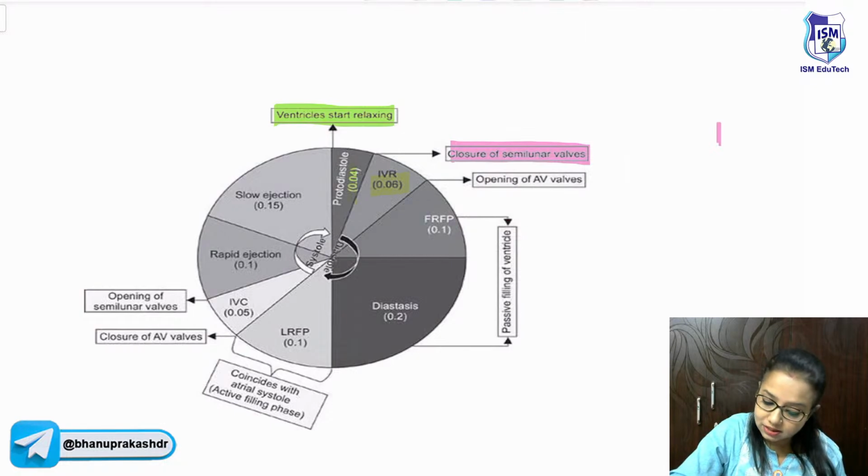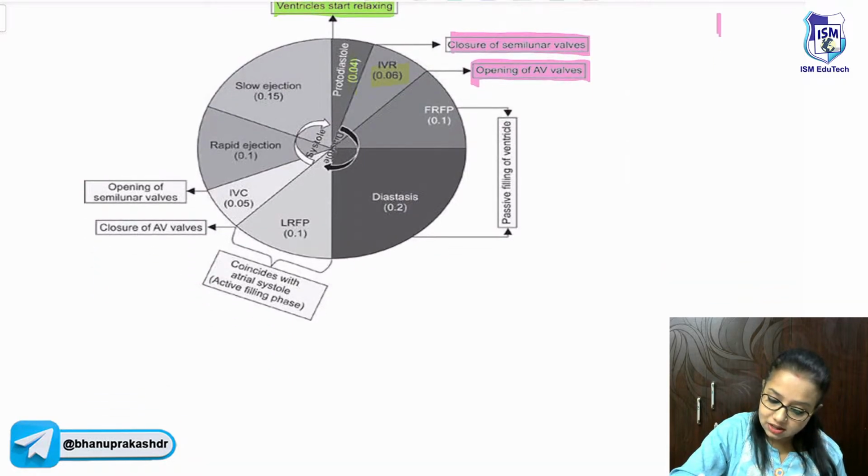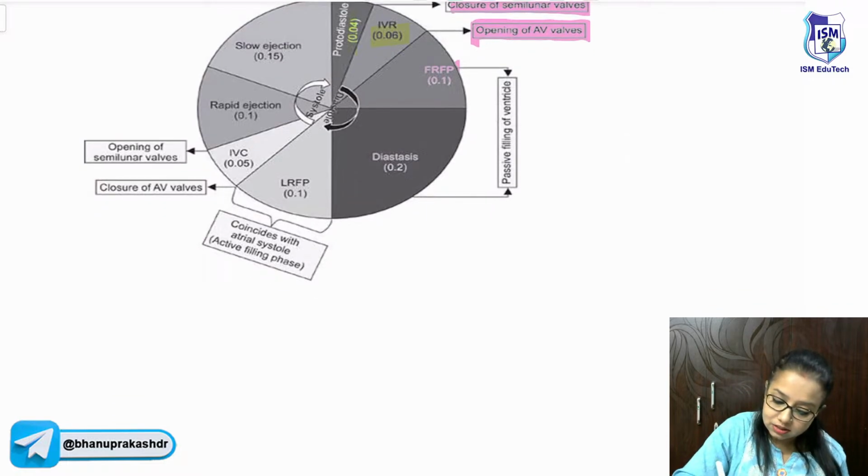Okay, and then follows the rapid filling phase. It starts with the opening of the AV valve. Now all this we will study in detail. Then starts the fast filling and the diastasis, which is also the slow filling. Okay. Now, then is the last filling phase. I'm coming to the importance of the three stages right now. After the diastolic phase, the filling phase is over, what kickstarts?